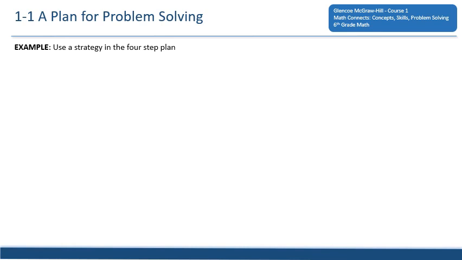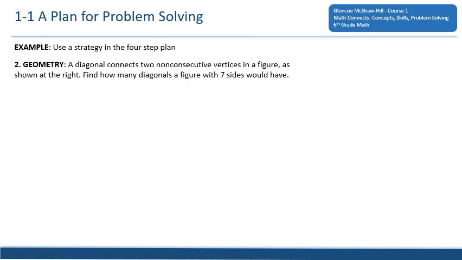Example, use a strategy in a 4-step plan. So number 2, geometry. A diagonal connects 2 non-consecutive vertices in a figure as shown at the right. Find how many diagonals a figure with 7 sides would have. So this is a triangle which has 3 sides. 0 diagonals.